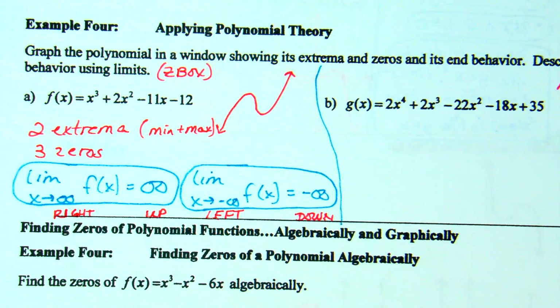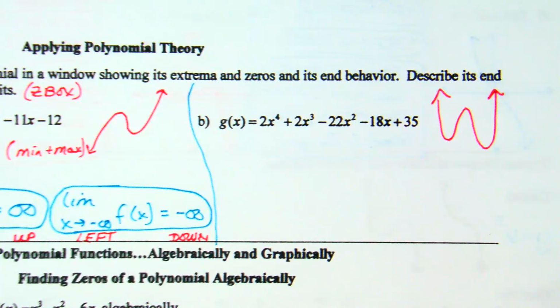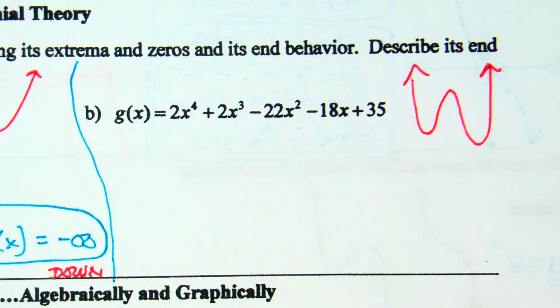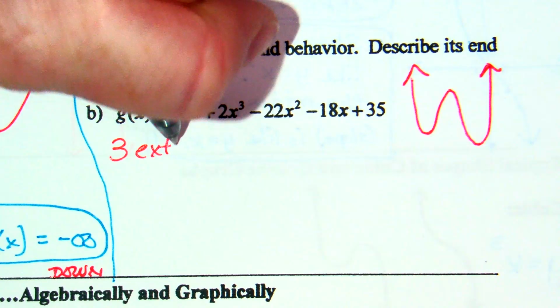Okay. So what degree is this problem? Degree 4. What do you expect in the way of extrema if it's degree 4? At most 3. What do we have on this one? We have 3, yes, because what do you see? Two mins and a max.